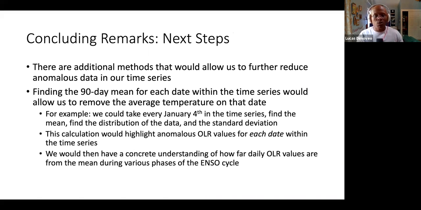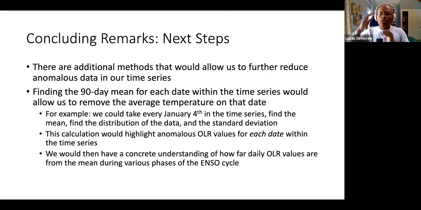Okay, so we've done all of this computational work to remove all of the normal parts of our data. And the next step would have been to find the mean for every day within our time series. So we have our arrays, and we're going to pluck a date from our array, let's just say November 15th. So we'll create 42 values of November 15th.